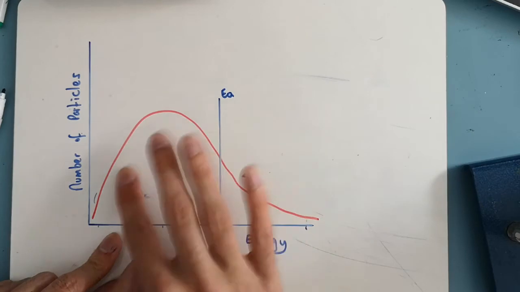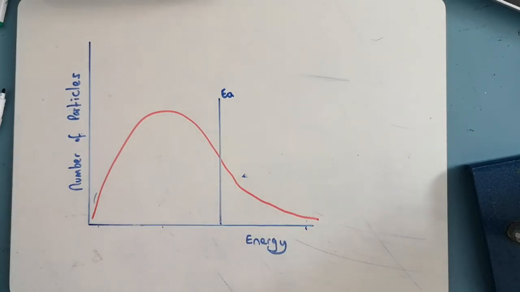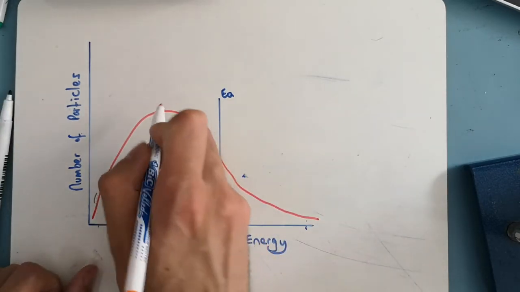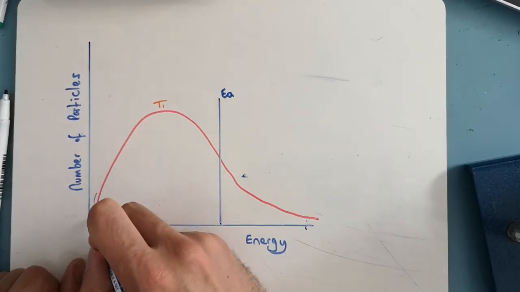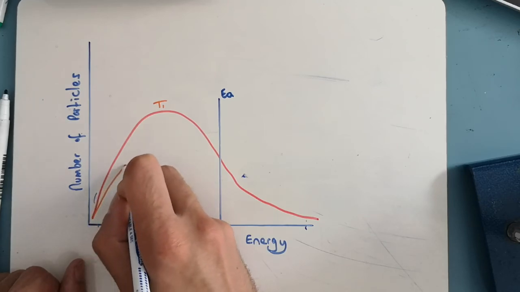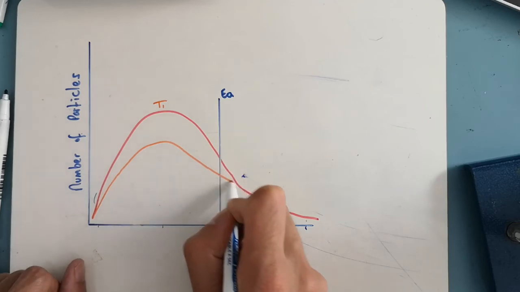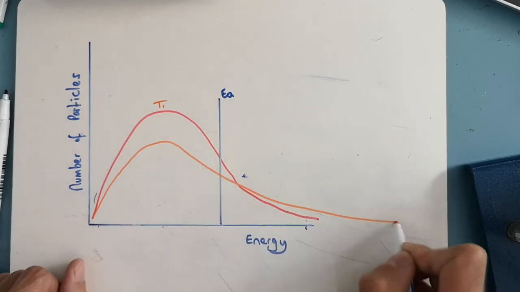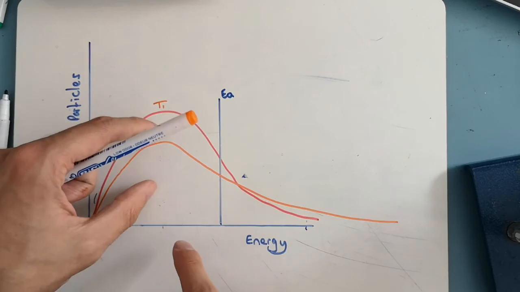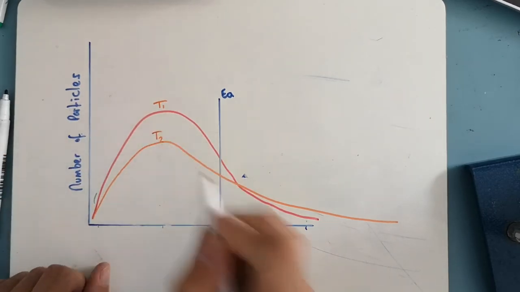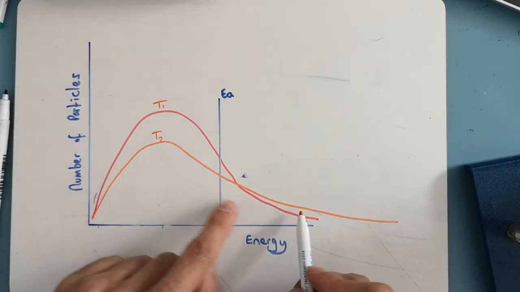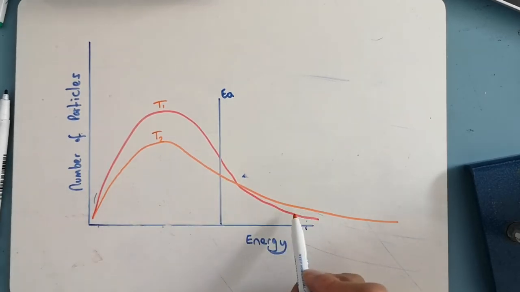So, two ways we can adapt this. First of all, we can increase the temperature. If we call this T1, if I increase the temperature, the curve changes slightly. Now the area stays the same, but we put more energy into the particles. So the area between these two curves is still exactly the same, but now more particles in the second one just about have enough energy to react.